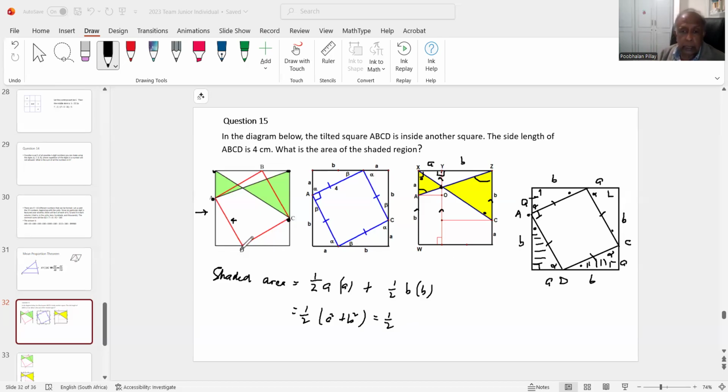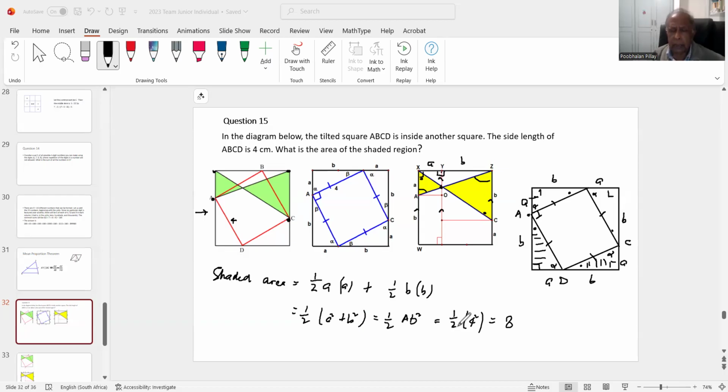This point was D. So you've got half AD squared. And when AD was given to be 4, the sides of the red square were 4. So this is half of 4 squared. Half of 16 is 8. So the shaded area is 8.